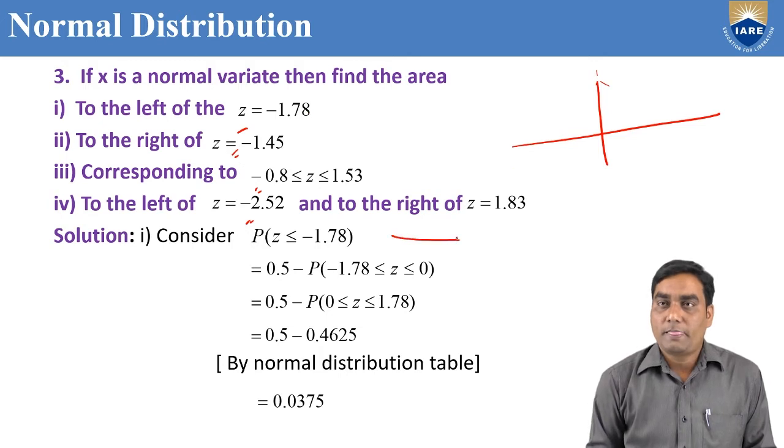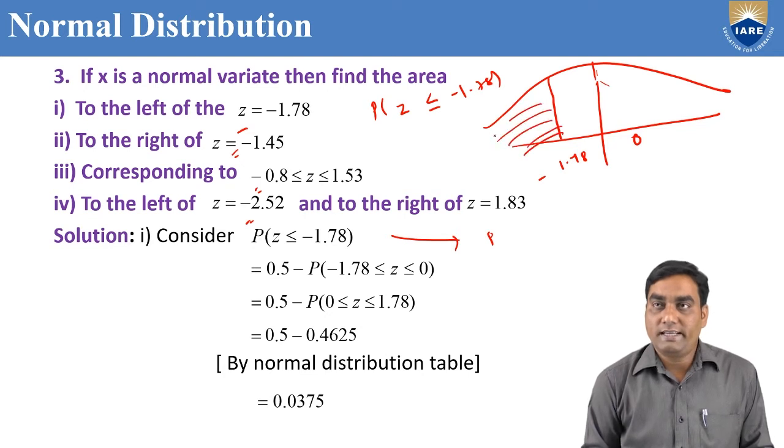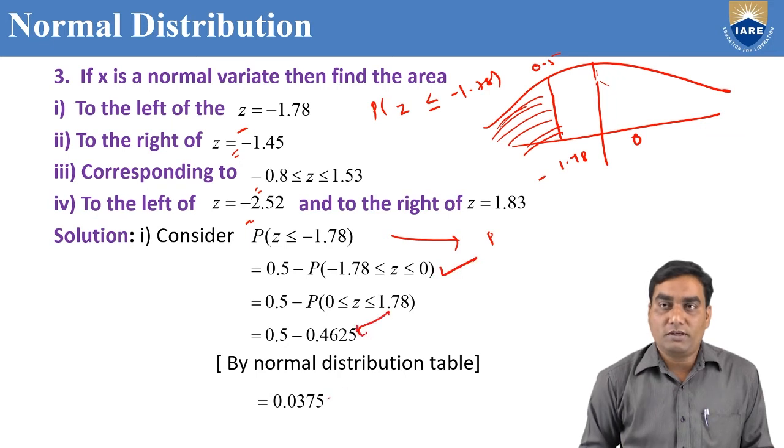That means P of z less than or equal to minus 1.78. This is 0, this is minus 1.78, because it is the left side. The area to the left of this is required. The total area we know is 0.5, minus 0 to minus 1.78. That formula we have written. So this value we can take from the normal distribution table.